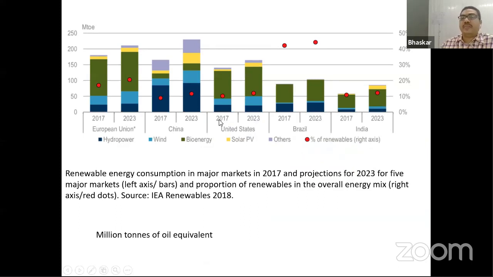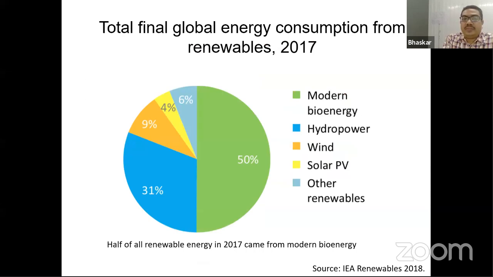Bioenergy is a major source of renewable energy because of the easy accessibility or availability of the feedstock, and the generation of waste, because waste gets generated everywhere. So this has been explored to divert that waste resource and use it in the form of energy.